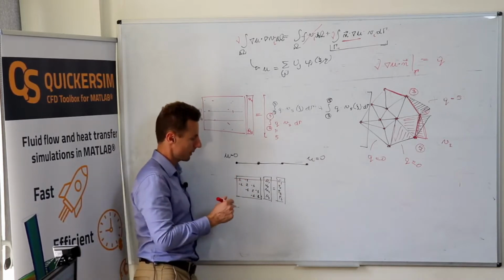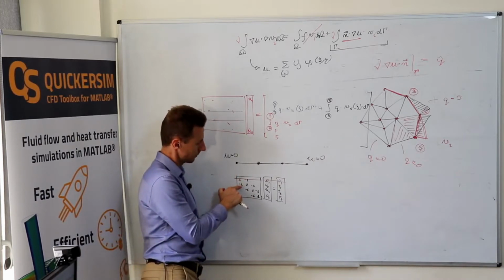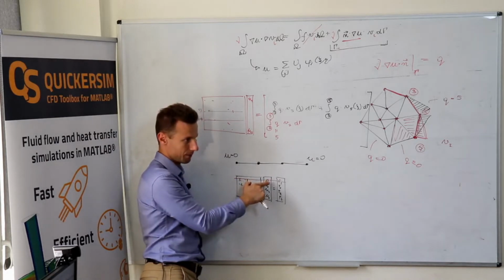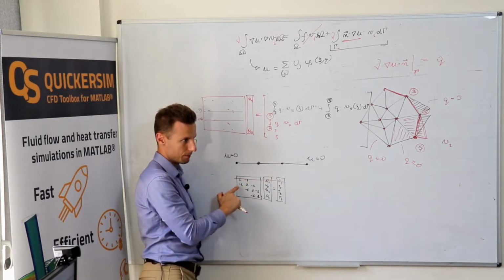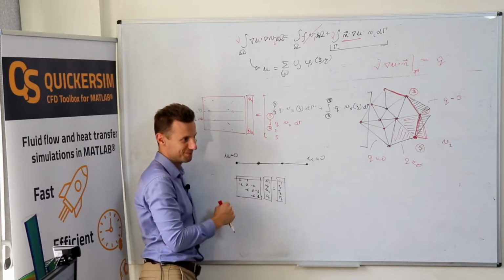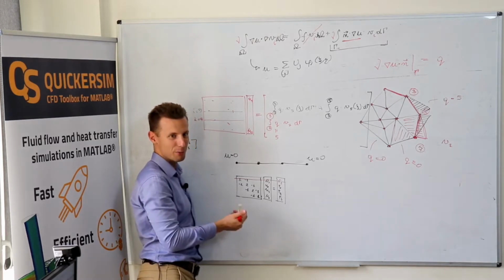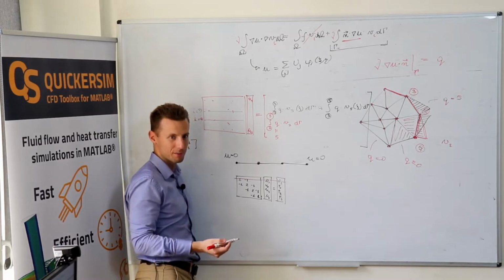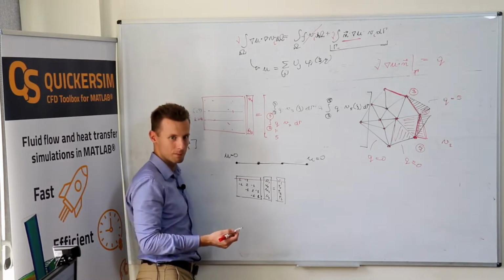Then the problem is that equation 2 needs u1, right? Well, but it's 0. So if we omit it, we didn't change anything, right?